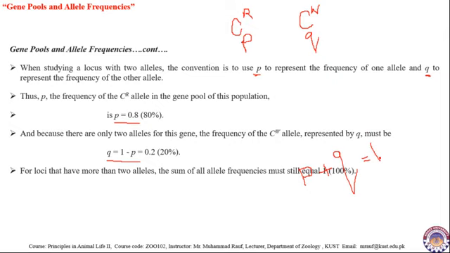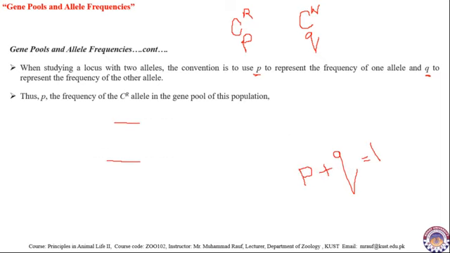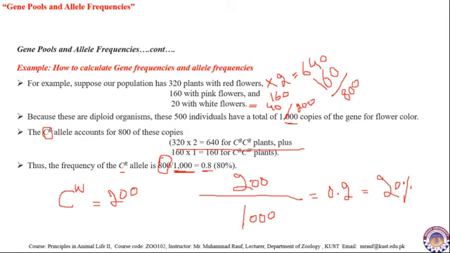You can put another allele here with a different sign, and then assign a specific phenotype to it and the number of flowers to that phenotype, and then the same formula can be used: the number of copies of that particular allele over the total number of copies in that population.